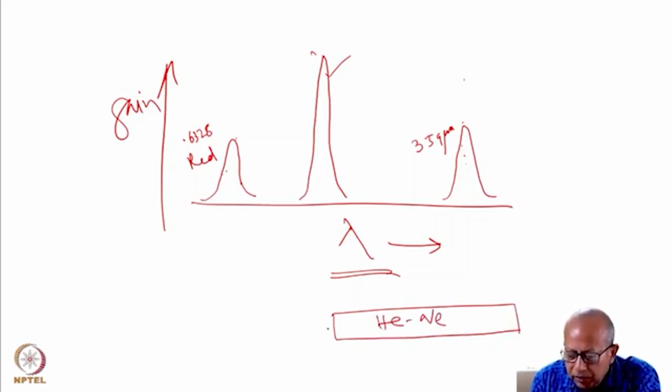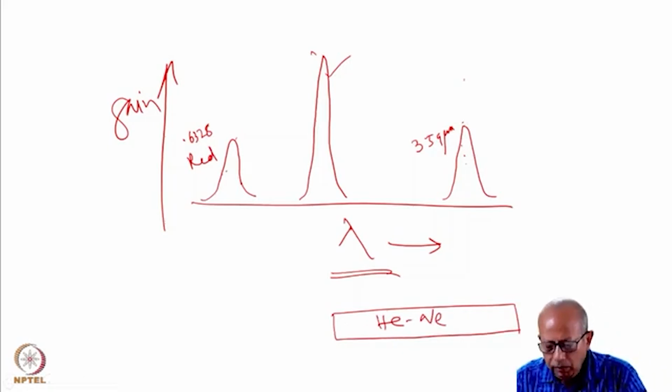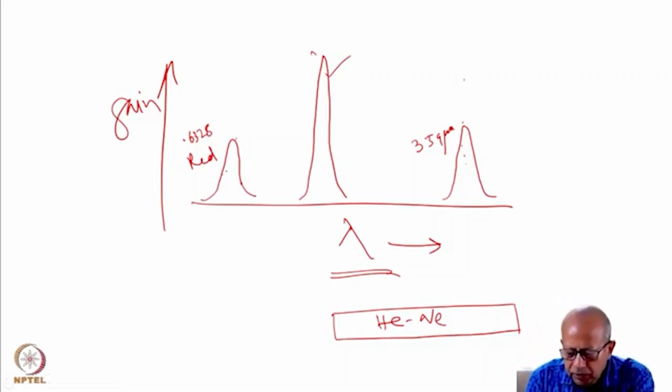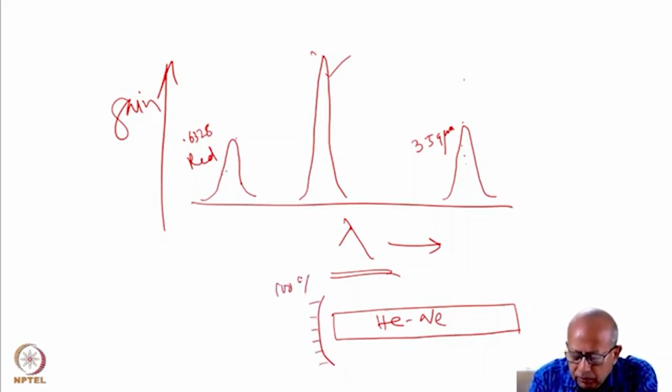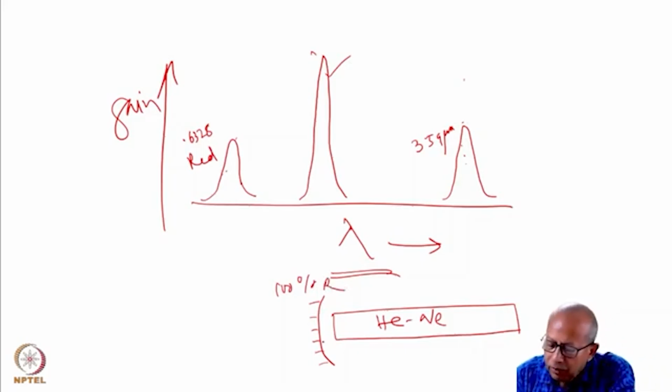You have created gain, so it is on the verge of emission, and you have placed it inside a cavity. One of the cavity mirrors is 100% reflective, the rear mirror, which is also a bit concave. And then you have the partially transmitting mirror.